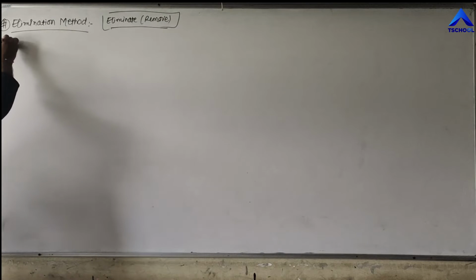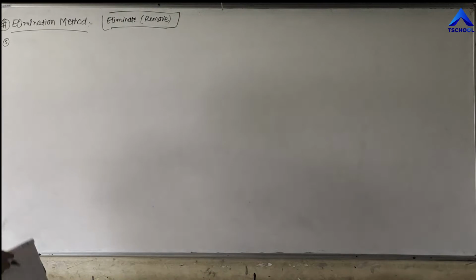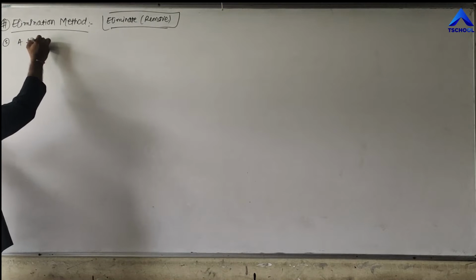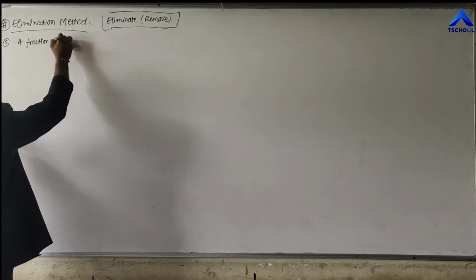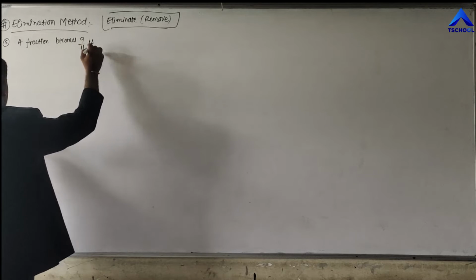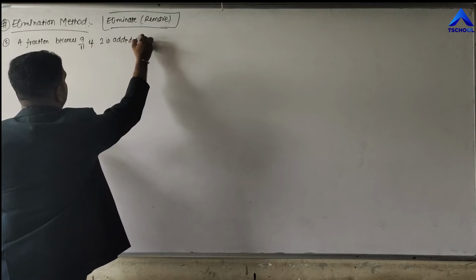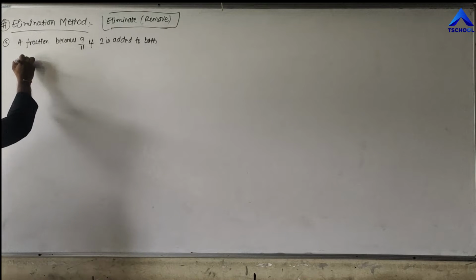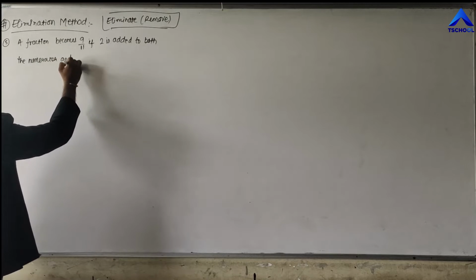Now let us see one more example related to the data type question here, right? That we are having a fraction that becomes 9/11 if 2 is added to both the numerator and the denominator.